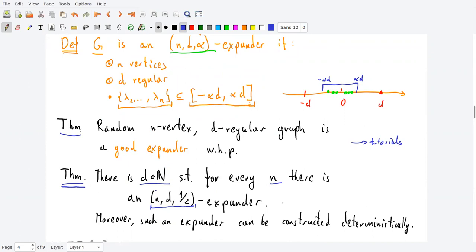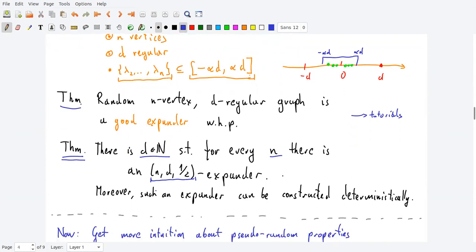So in some sense, the conjunction of these theorems tells you that expanders are pseudo-random objects, in the sense that a random graph is an expander with high probability, and on the other hand, you can construct deterministically graphs that still have good expansion properties.